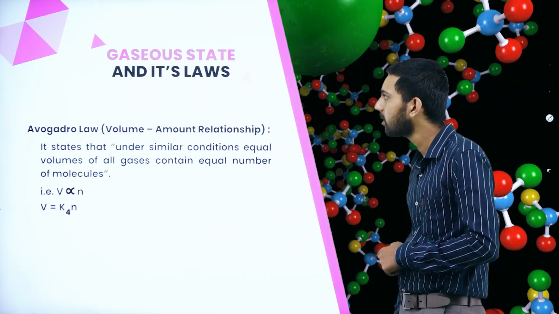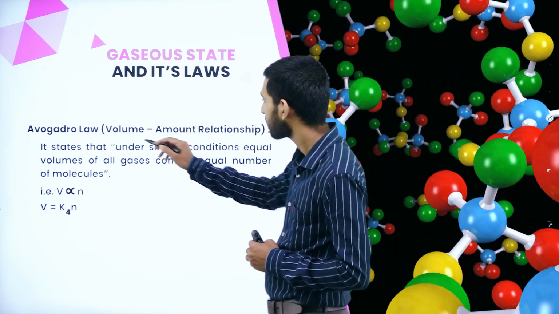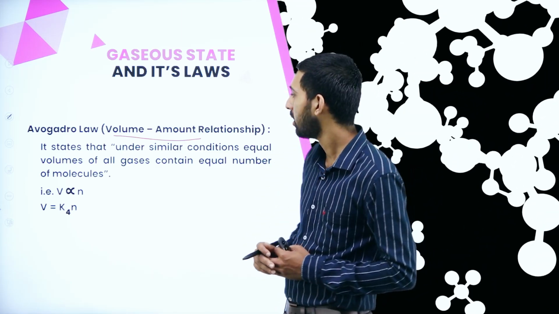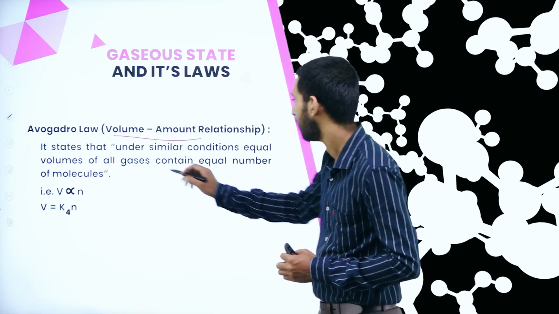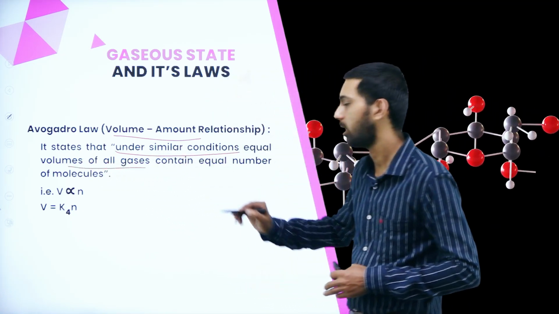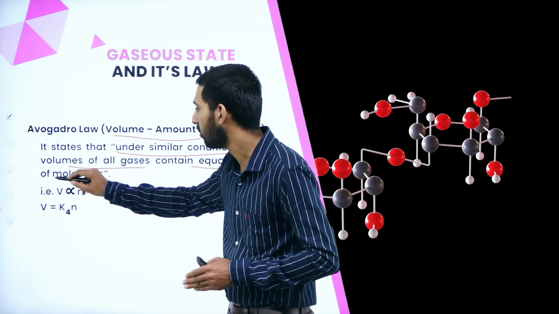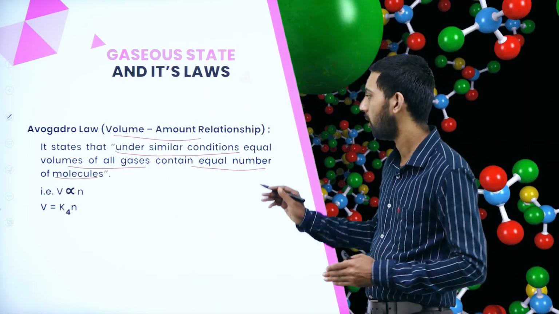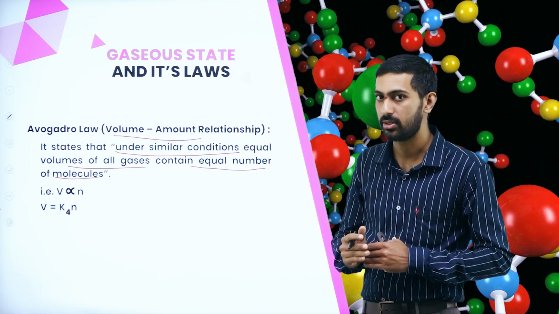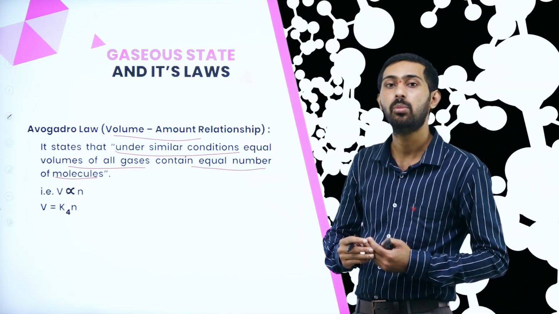Okay. Next thing is Avogadro's law. Here Avogadro's law means just the volume and amount relationship we should know. Under similar conditions, equal volumes of all gases contain an equal number of molecules.